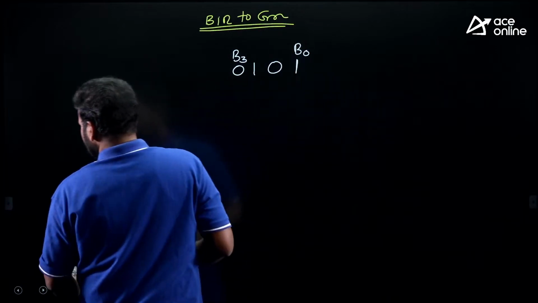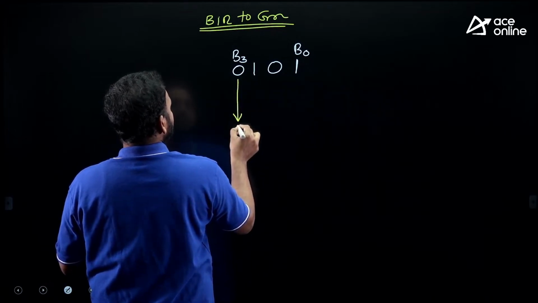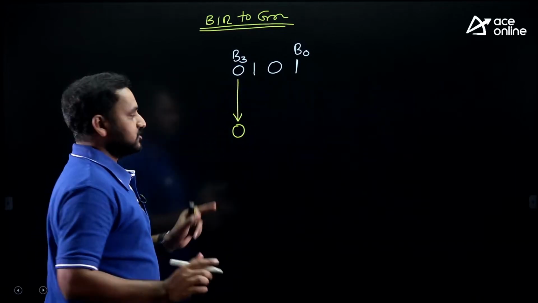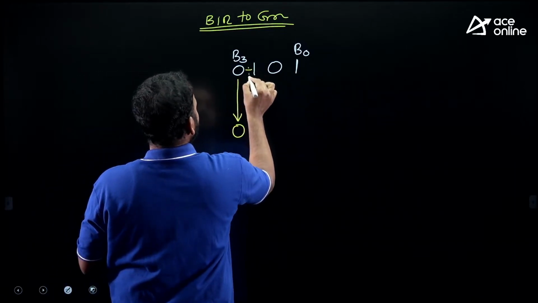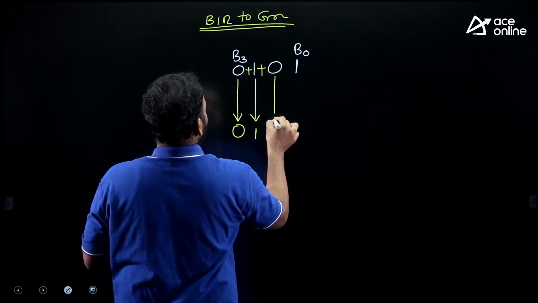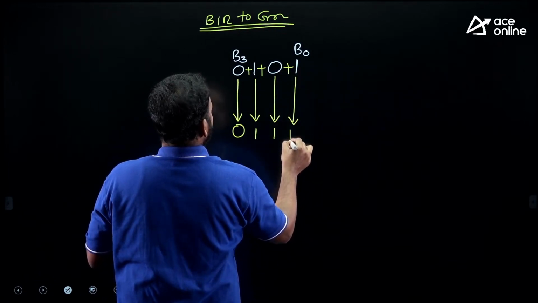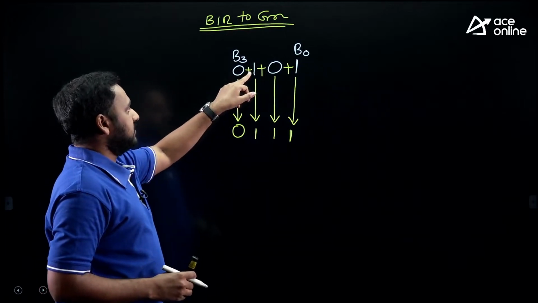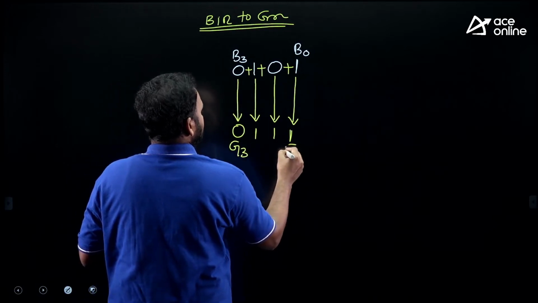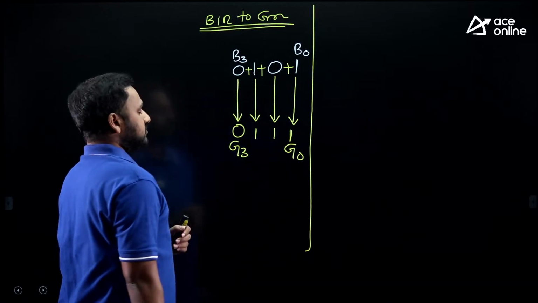You just drag the MSB here, write it as it is, and add every subsequent pair of bits, and ignore the carry, that's it. 0 plus 1 is 1. 1 plus 0 is again 1, and 0 plus 1 is 1. Add subsequent bits and produce the output, the gray number. This is G3, this is G0. This is the procedure to convert binary to gray.